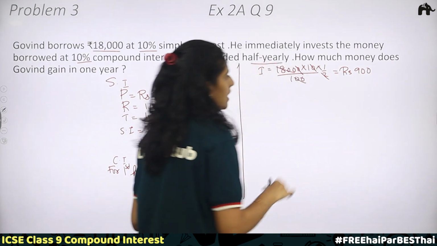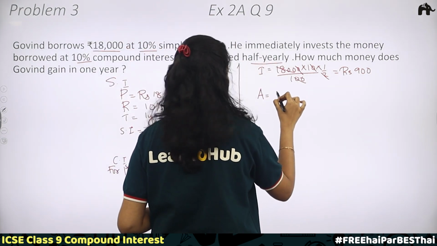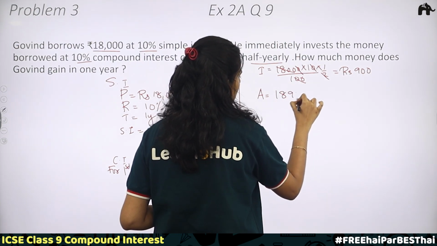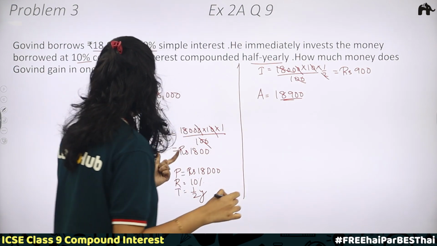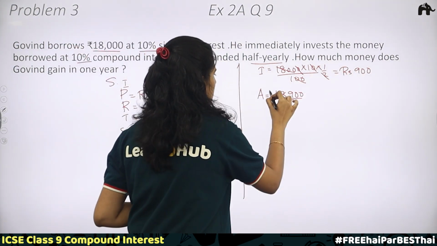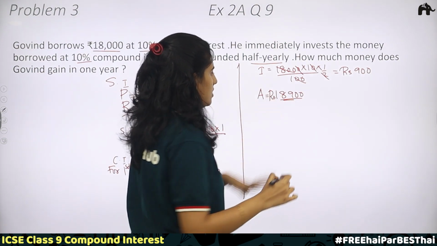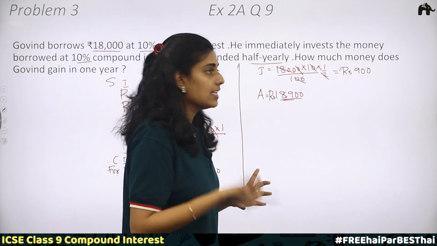So, rupees 900 is the interest. Then what is the amount? Amount will be equal to principal plus interest. 18,900 you will be getting. That is 18,000 is the principal and interest is rupees 900. Therefore, rupees 18,900 is the amount. This amount will be the principal for next half year.